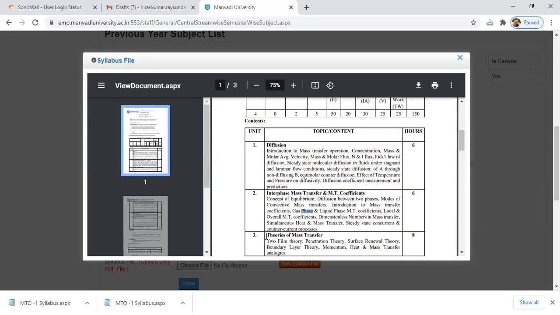First we'll start the theories of mass transfer. Then we go for the interface mass transfer and mass transfer coefficient. So let's start with the theories of mass transfer, which is chapter number 3.